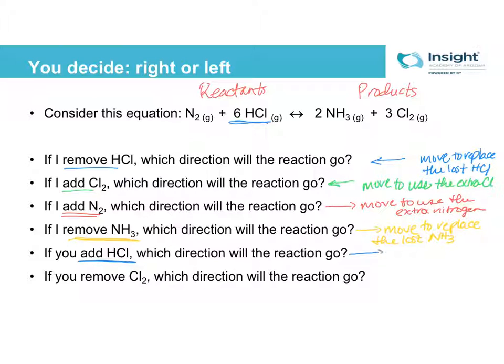So I'm going to move forward to use the extra HCl. You can also see these two blue ones. There was removing HCl and adding HCl. They do opposite things, which makes sense, right? Don't want this to get too busy.